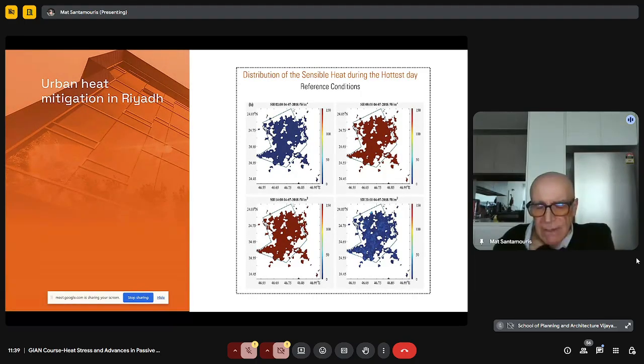And the mitigation technologies that have to be done have to reduce the sensible heat at the city scale. But how to reduce the sensible heat at the city scale? Why do we have a high sensible heat release? Because the temperature of the surfaces is quite high. The sensible heat is a function first of the temperature difference between the surfaces and the air, and also of the wind speed at the specific area.